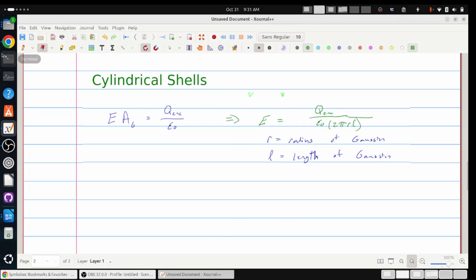So the same sort of symmetry applies here. The difference is how we're looking at the charge enclosed.